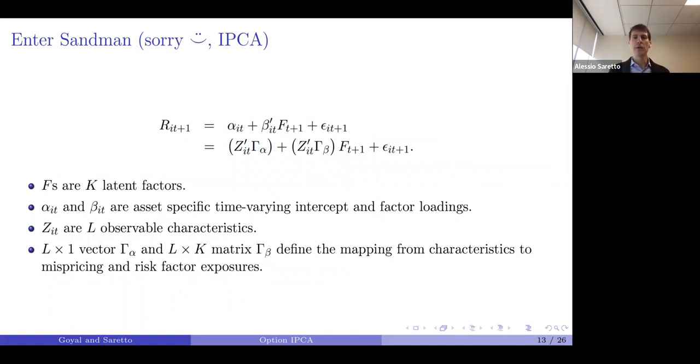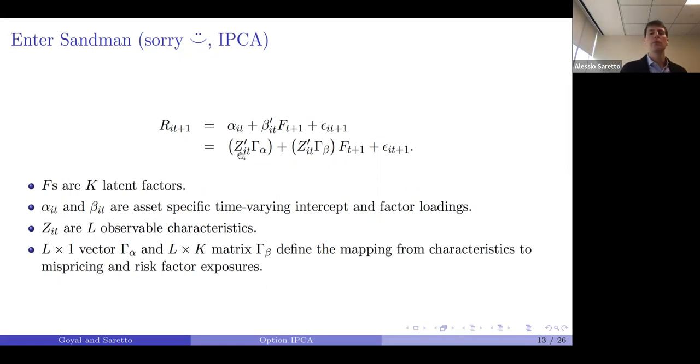Think about this as a linear time series model. You have the return on an asset that has a linear factor structure, where the factors are F, but the alpha and the betas are conditional on characteristics.